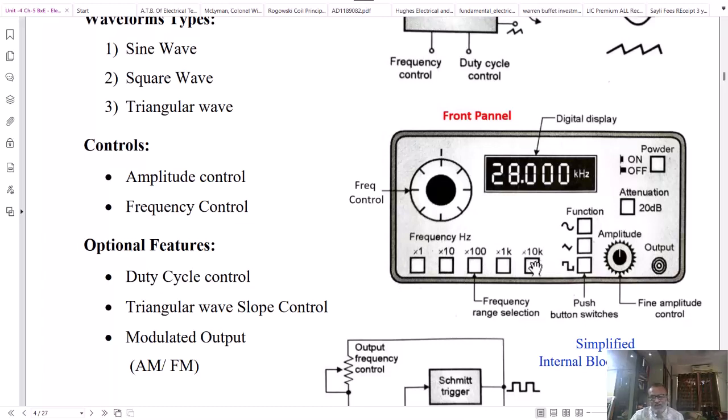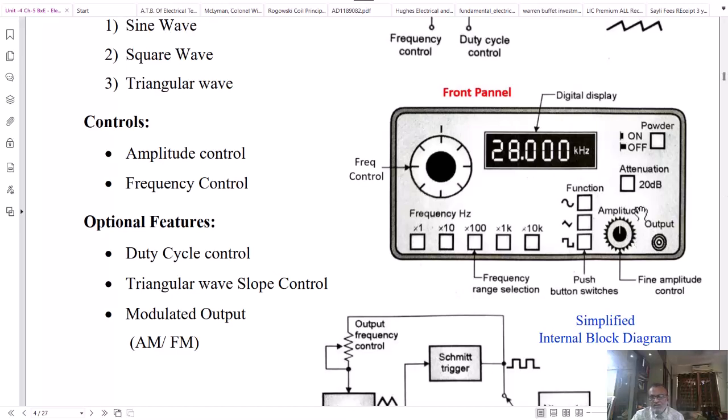Whenever you select a particular range, then in that selected range the frequency can be changed by using an analog dial. This provides a change in frequency from 0 to the maximum of the selected range. By changing the position of this dial, which is basically a potentiometer, you are able to change the frequency generated by the function generator.